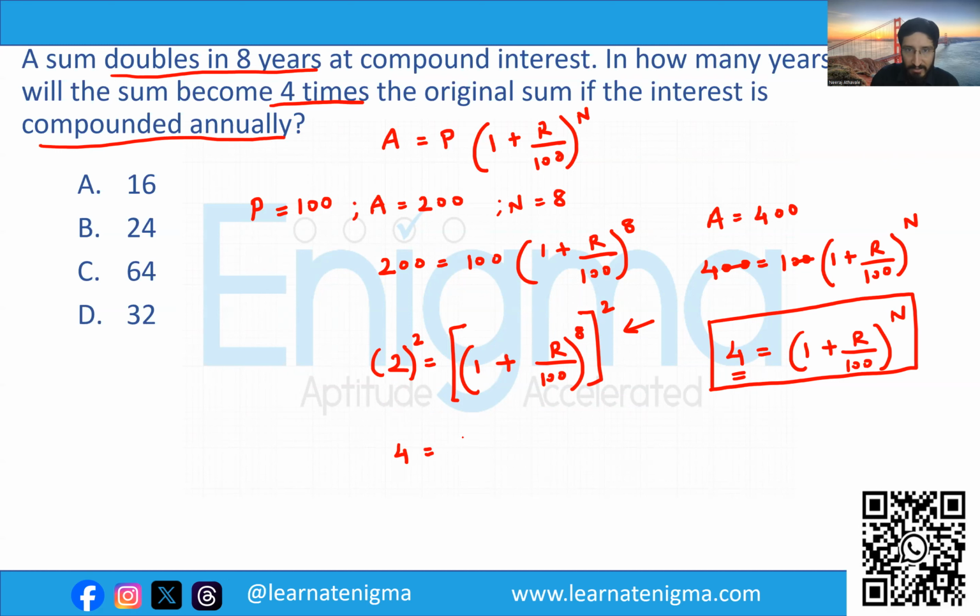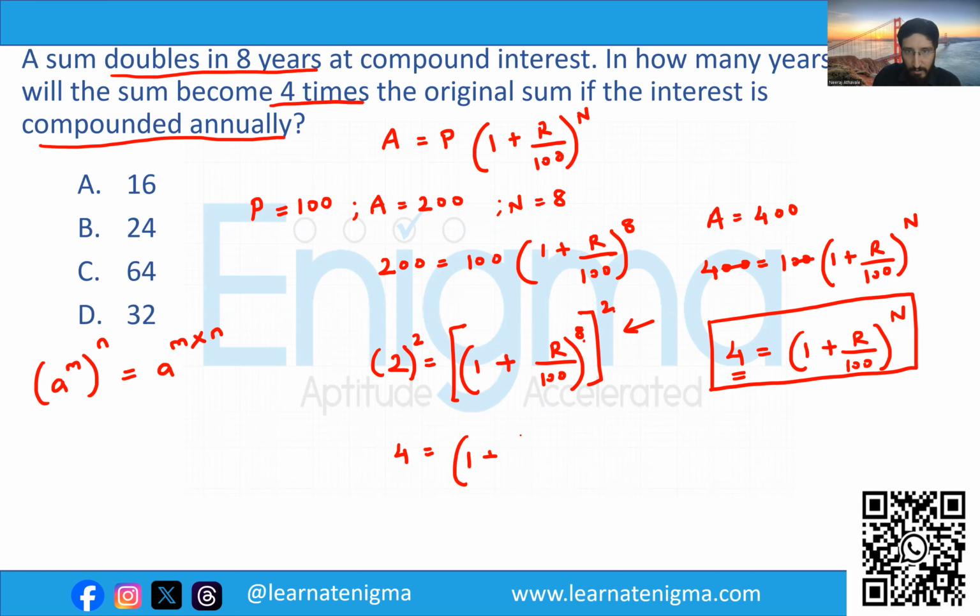And on the right-hand side, if we use the laws of indices, now we need to know the laws of indices over here. If a raised to m bracket raised to n is there, we'll do a raised to m multiplied by n. So here it is bracket raised to 2. So therefore it will become 8 into 2, that is 16.